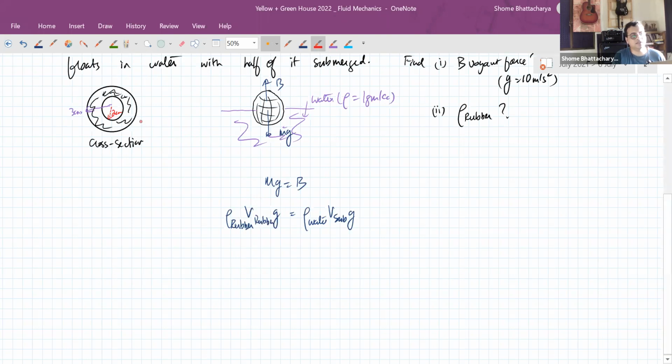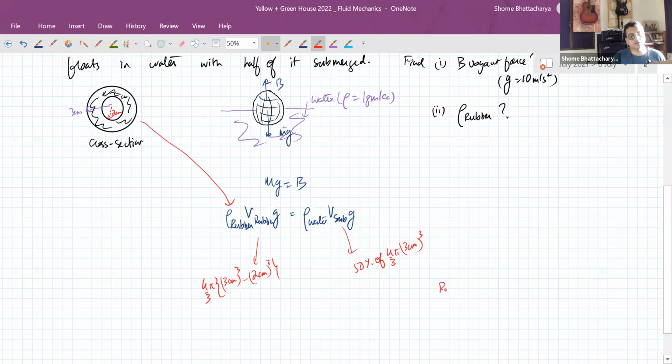Now from this diagram, you will understand that the volume of rubber is 4 by 3 pi into 3 centimeter cube minus 2 centimeter cube, because it's a shell, no? Whereas the volume of submerged part is 50% of 4 by 3 pi into 3 centimeter cube.